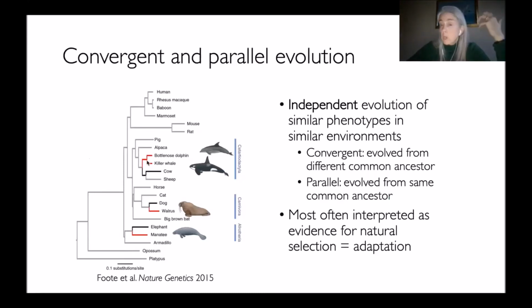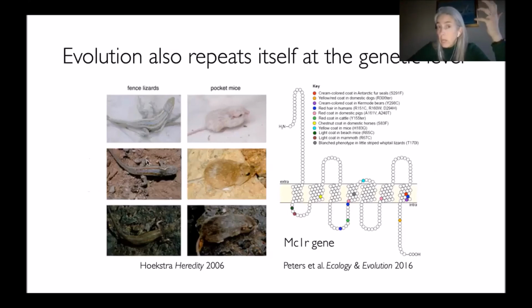And of course, we also see that evolution can repeat itself at the genetic level, and there are very spectacular examples, for example, of convergent evolution of light pigmentation in lizards and mice, where these evolutionary changes have occurred through changes in the same gene, and sometimes even the same mutations lead to very similar phenotypes in very different organisms.